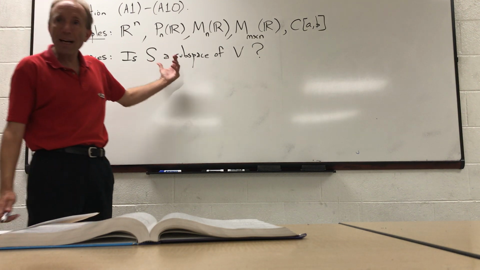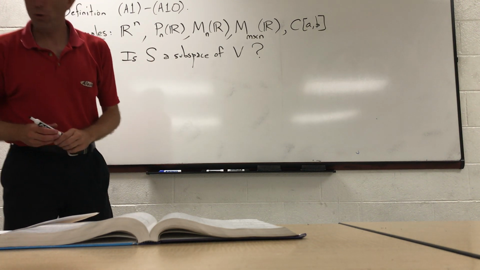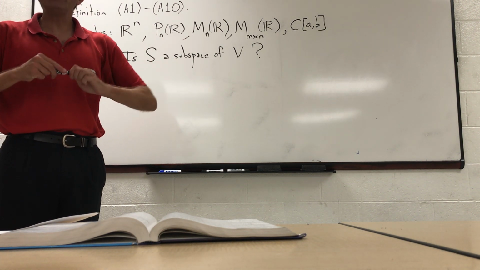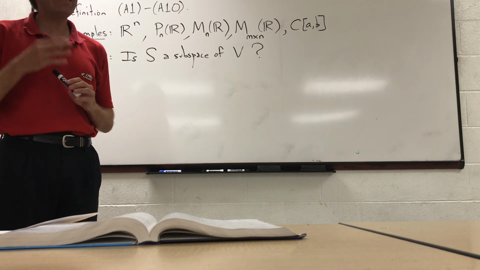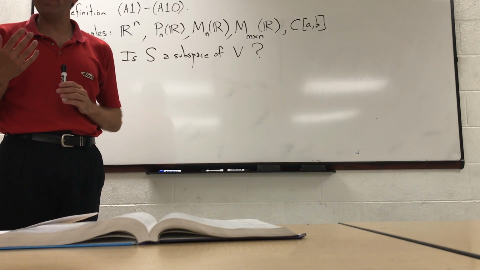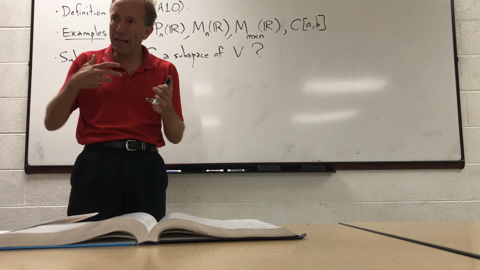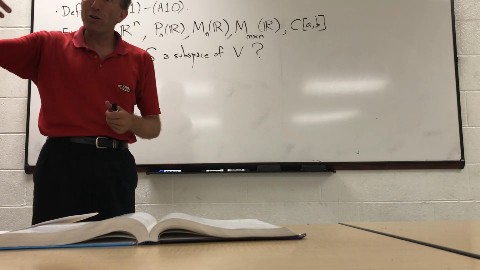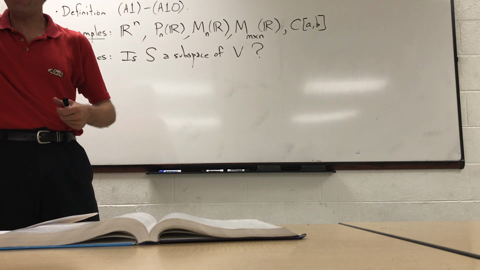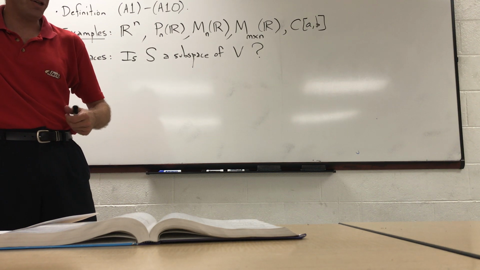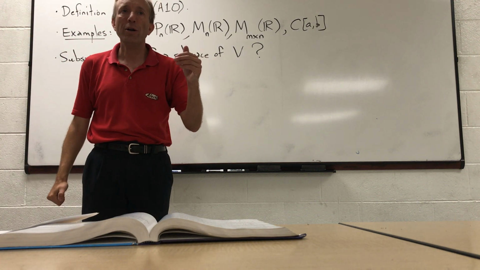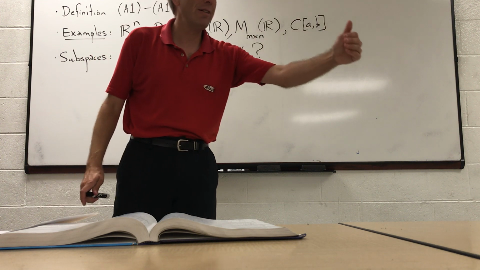If you get something like that on the test, which I almost guarantee you will, you should really just take a breath and think about it first, because it's a yes-no, and if the answer is yes, you're going to proceed one way to write down your solution. And if the answer is no, you're going to do something totally different, right?